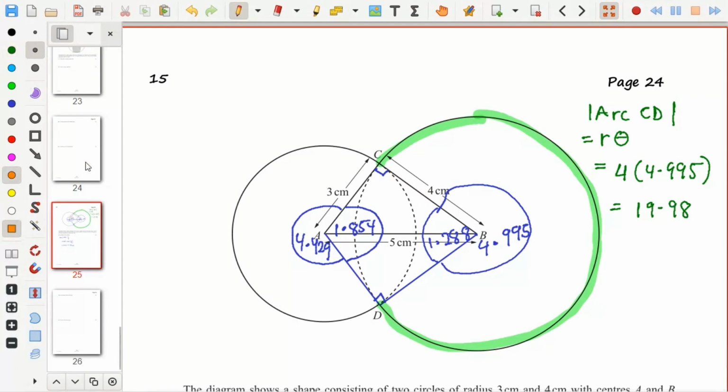Now let's come to this side, CD. So this is a small one, and that's the big one.